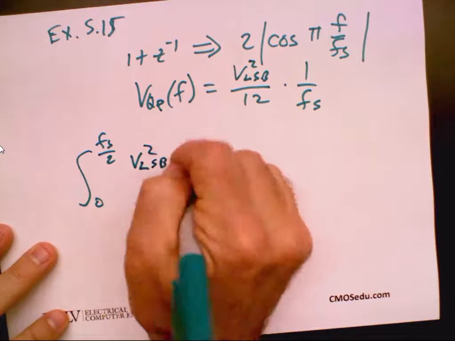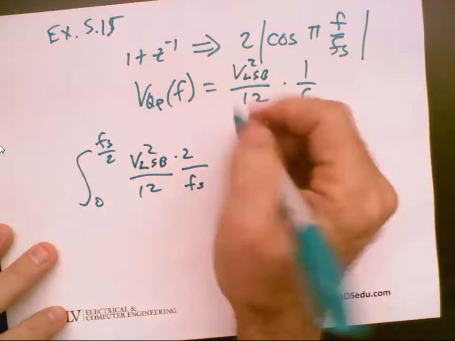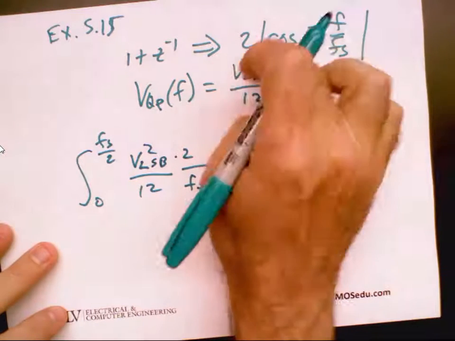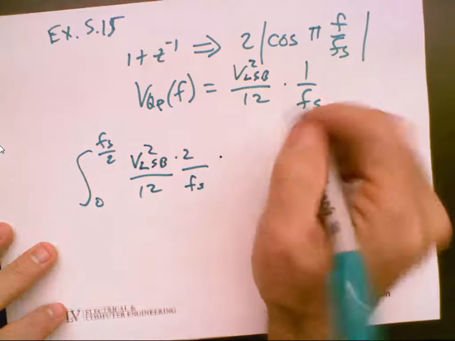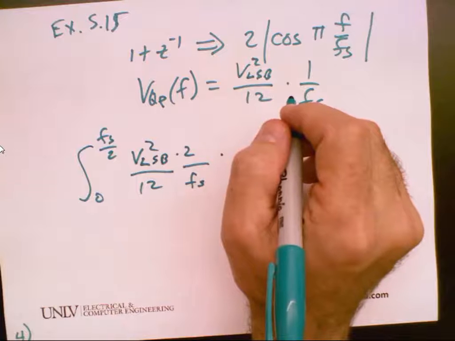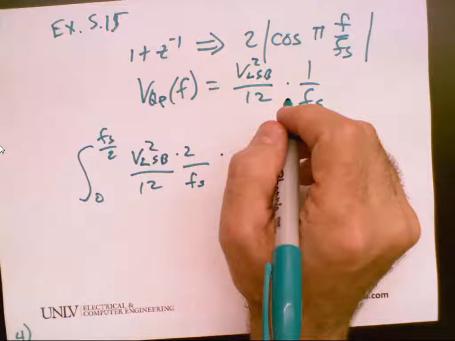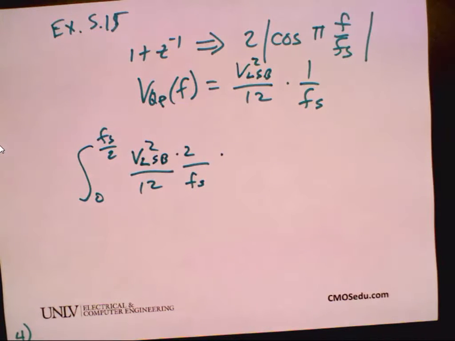VLSB squared times 2 over 12 divided by Fs. And then times, and then I'll rewrite this as, why did I do it that way? See equation 1.29. Why did I switch cosines there?